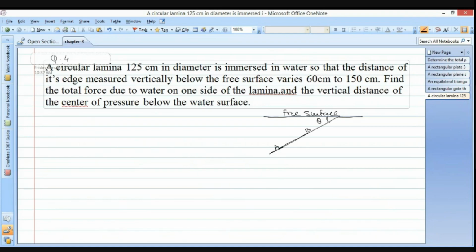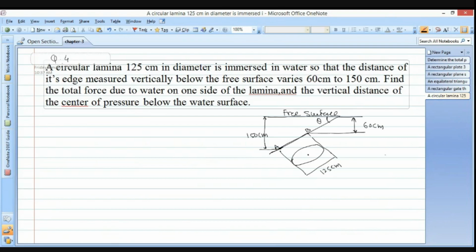I take the projection for the side view, so I get this circle. The distance from the free surface of this point is 60 centimeter, and of point A is 150 centimeter, and we know that the diameter of this plate is 125 centimeter.